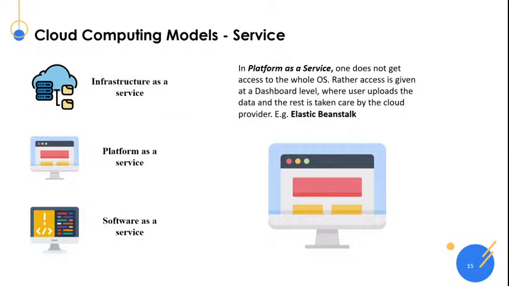So to make it clear, let's take an example. Suppose I want to set up a website and I get infrastructure as a service. In that case, what I will have to do is get a fresh operating system, then install web hosting software like Apache.